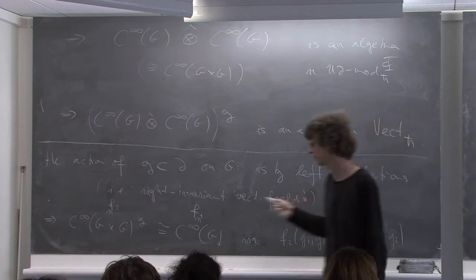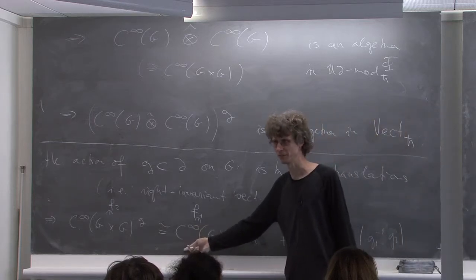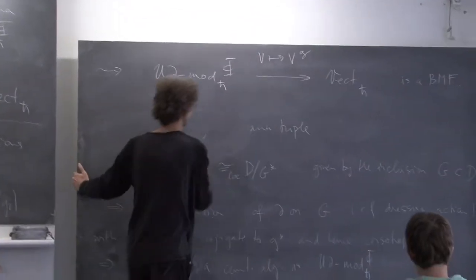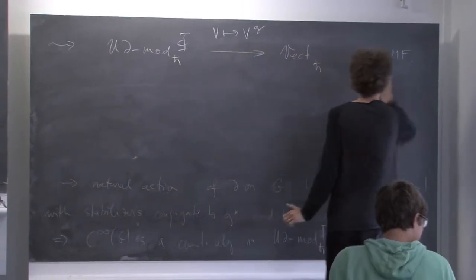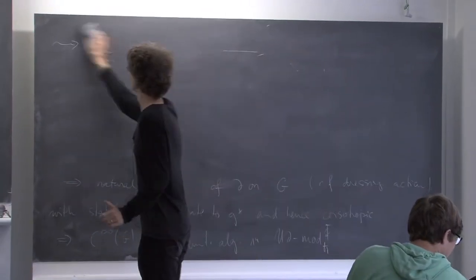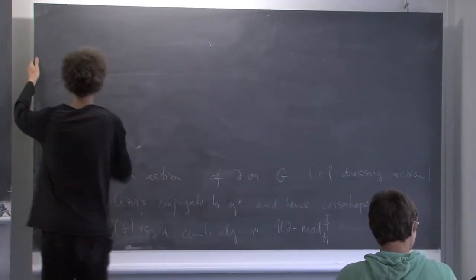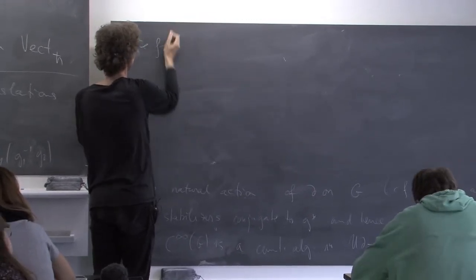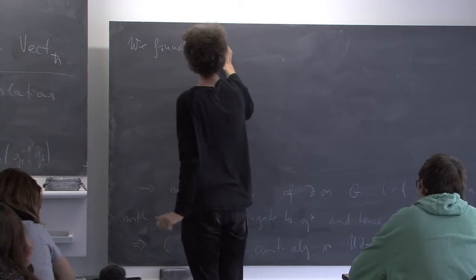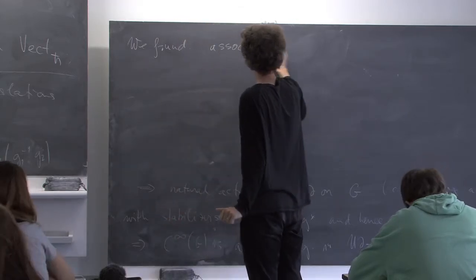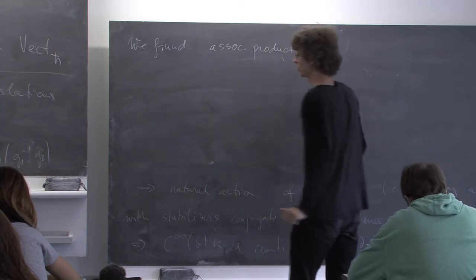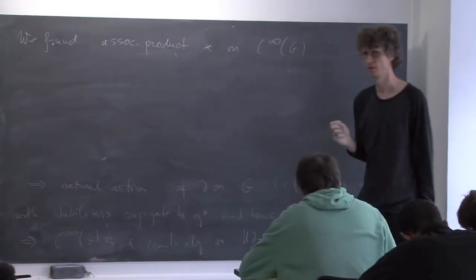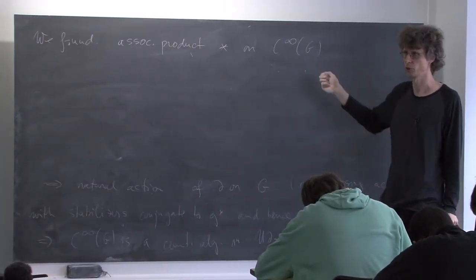In the end, we found an associative product, let's call it star, on C infinity of G. What can one say just from general considerations?